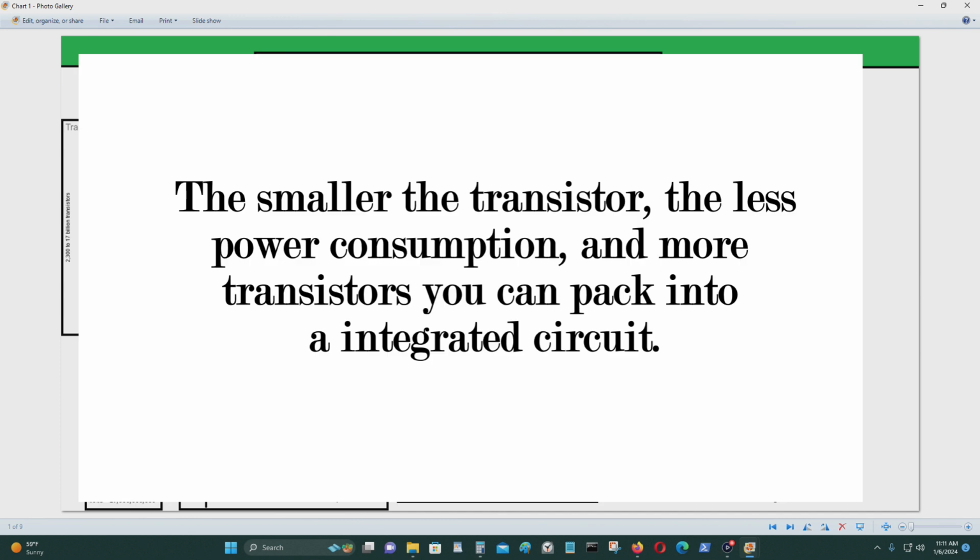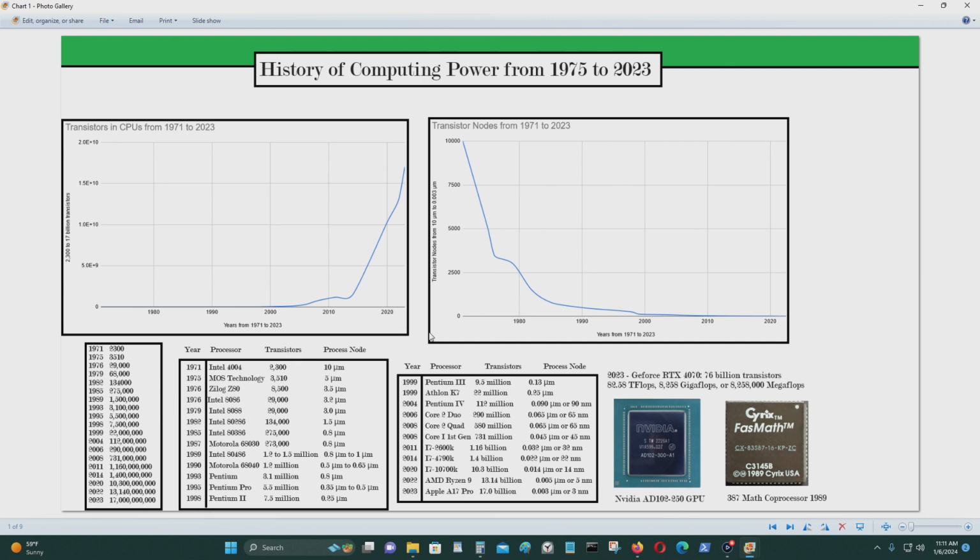So in 1971, we had the 10 micrometer process or node. So one micrometer is 1/1,000,000th of a meter. So in scientific notation, that'd be 1.0 times 10 to the negative 6. A billionth would be called a nanometer. That would be 1.0 times 10 to the negative 9.